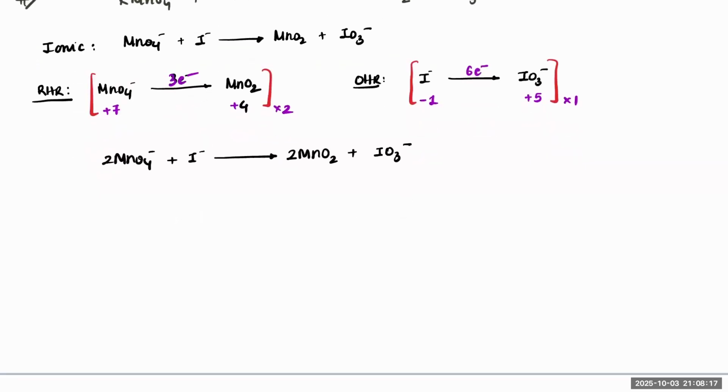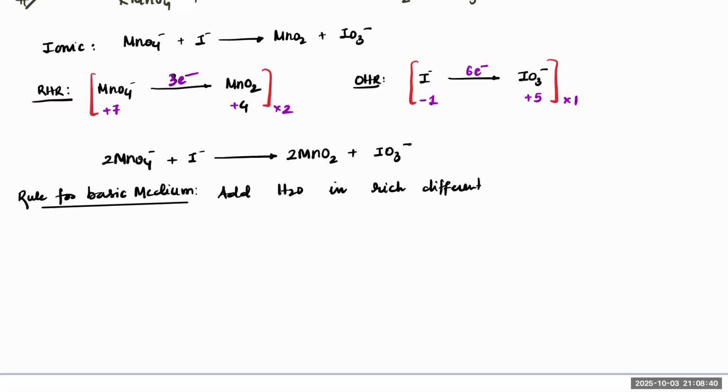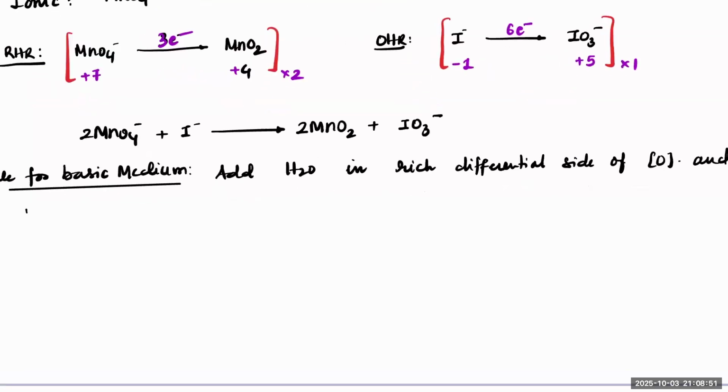Now is the rule for the medium. Rule for basic medium. In the case of basic medium, you add H2O on the oxygen-rich side and counterbalance with double the number of OH minus.